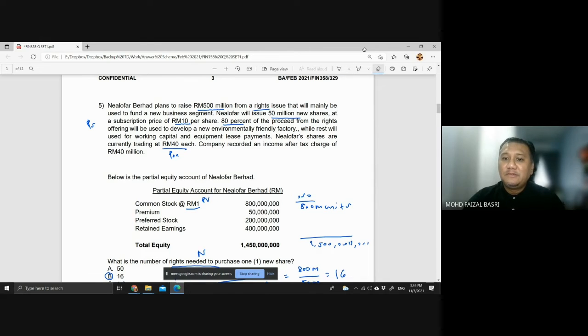Okay, this is new. This would be the same, 400 million, 200 million will be the same. And our common stock just now is 850 million. There is an addition of 50 million because we have 50 million new stocks. So only this one is missing. How I get this 1.5, we have 500 million.